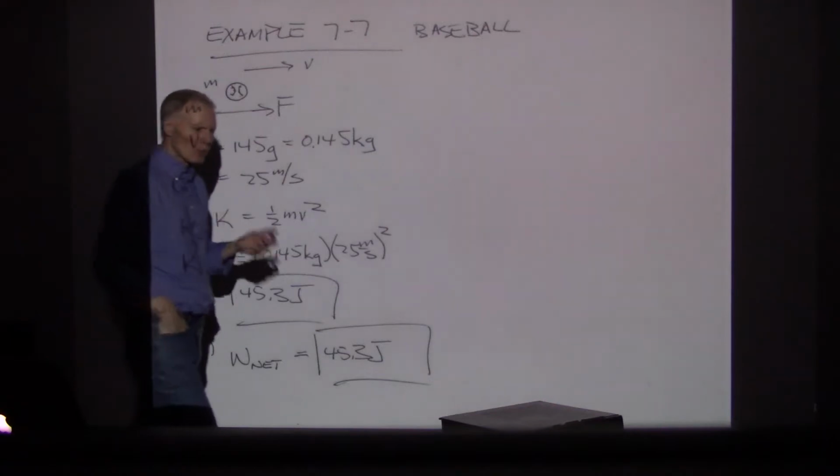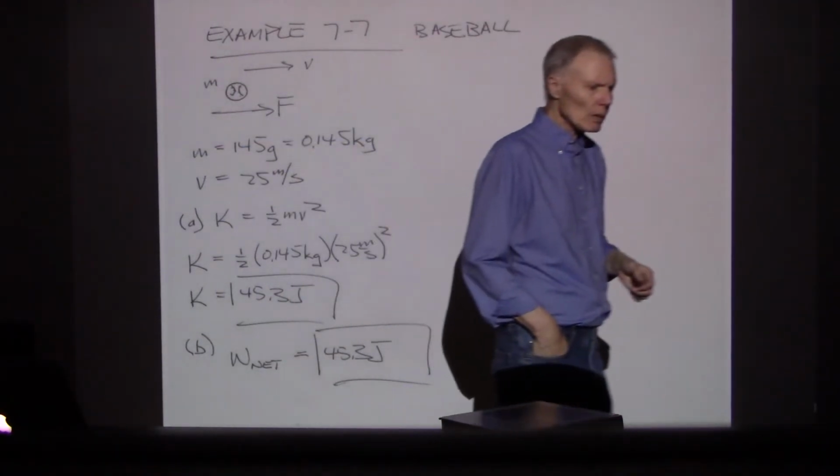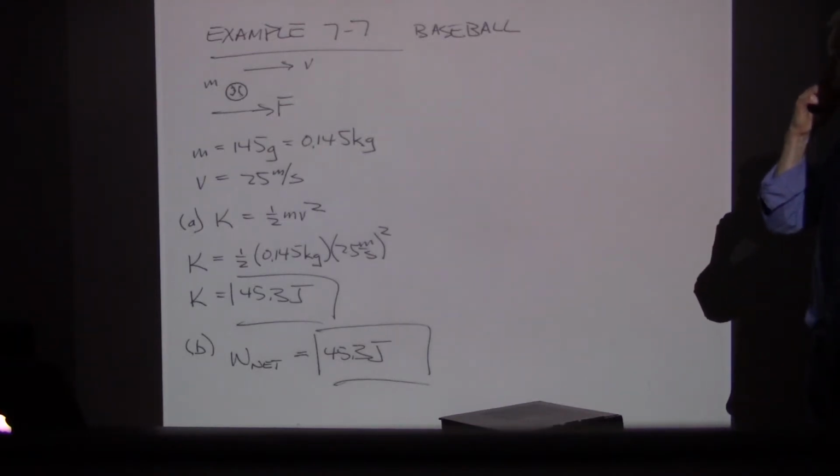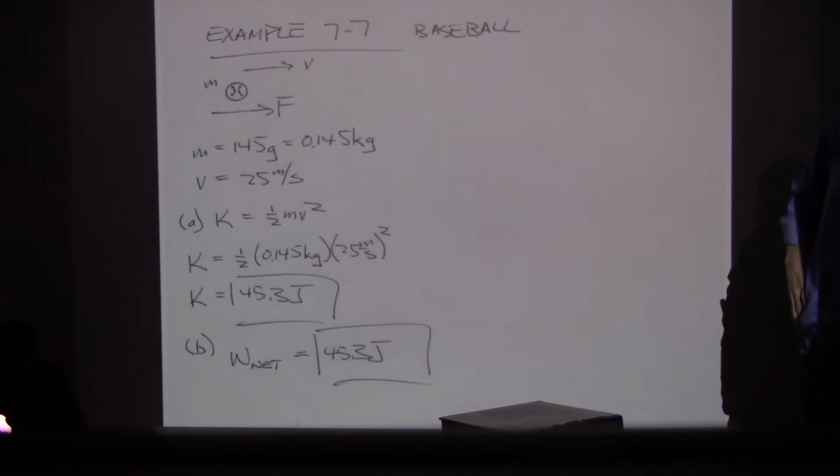Now, I guess it's worth mentioning right now, this is a classical formula for kinetic energy based on Newton's formulas for motion. It turns out that in physics 3b, when we get to special relativity, we're going to find out that there are more general formulas that we can use. This kinetic energy formula works really well as long as objects have mass and as long as they're not going too fast.